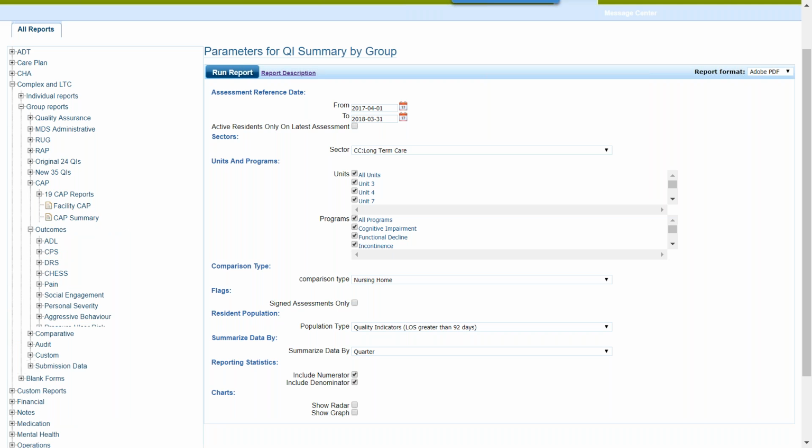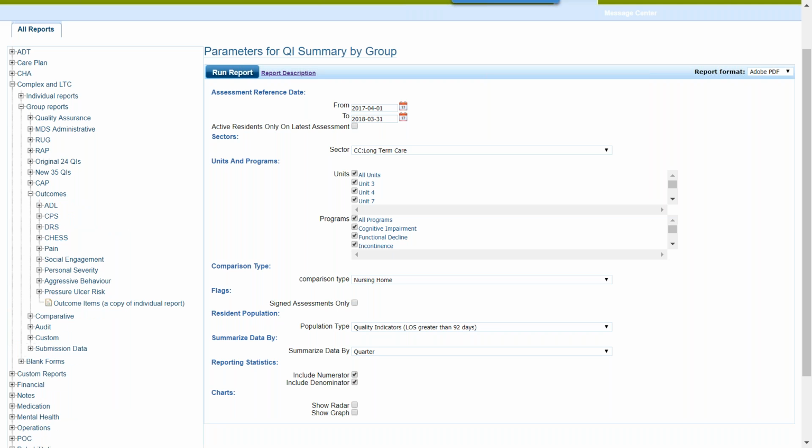The other set of reports that we have here just in our last few minutes are called outcome reports. And these are all of the performance measures. So these are the cognitive performance scale, the depression rating scale, the chest scale, the pain assessment, social engagement, personal severity, aggressive behavior scale, pressure ulcer risk scale, okay, the PRI.